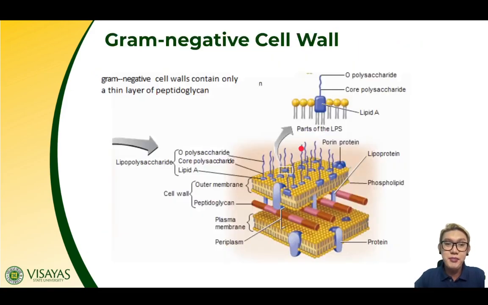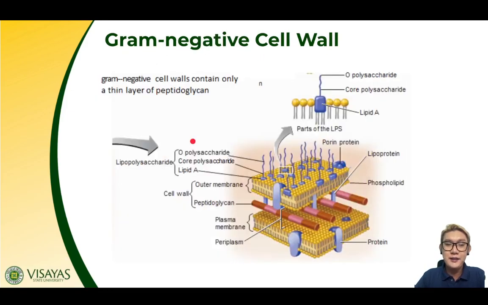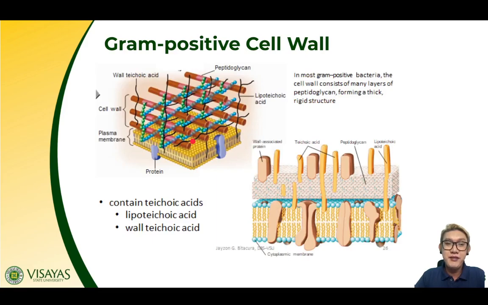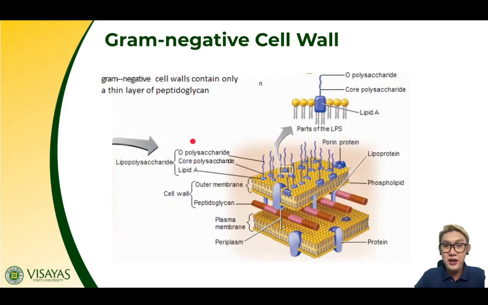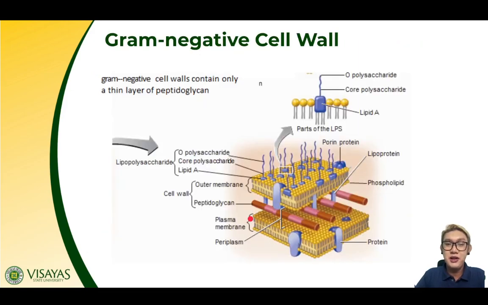In Gram-positive bacteria, it will not be washed out because there is a thick layer of peptidoglycan. So during crystal violet staining, both Gram-positive and Gram-negative cells are colored violet or blue. After the mordant, both are still blue or violet. However, after the decolorizer, the Gram-negative cell will be colorless, while the Gram-positive cell will remain blue.